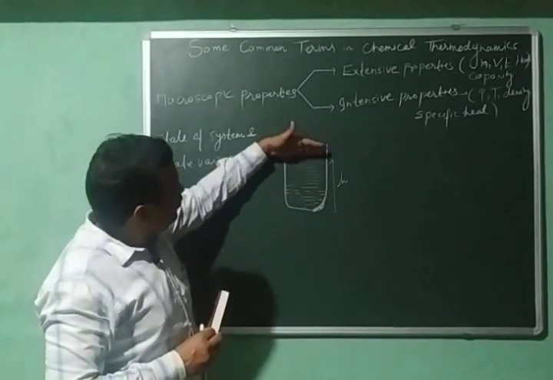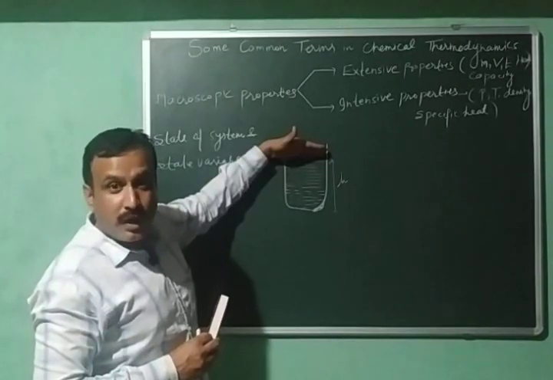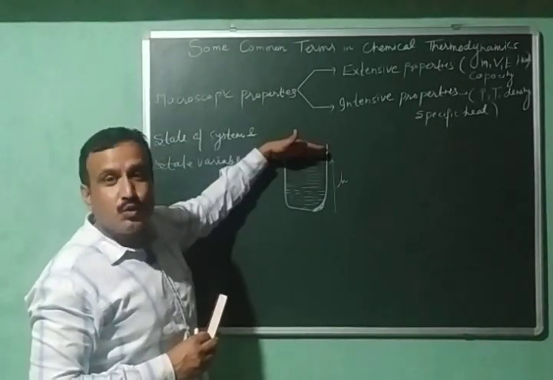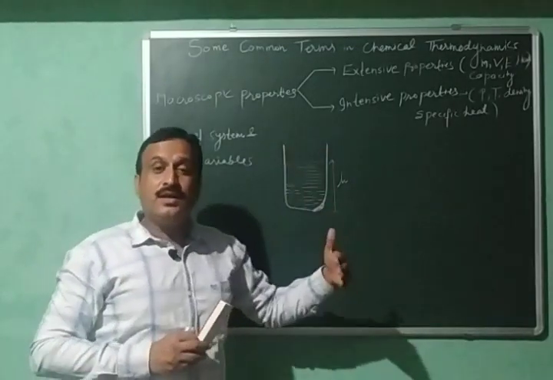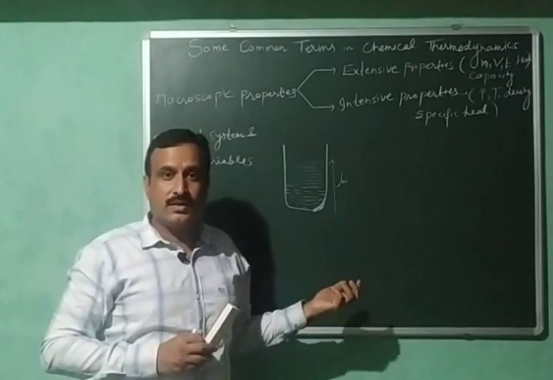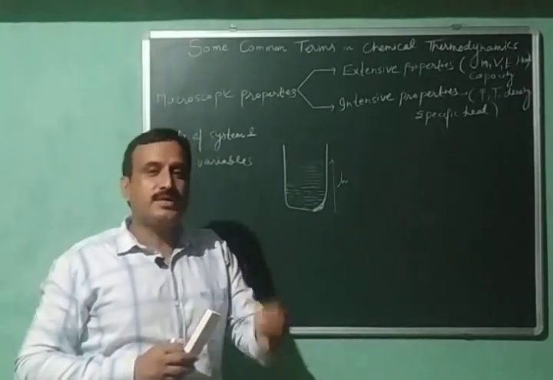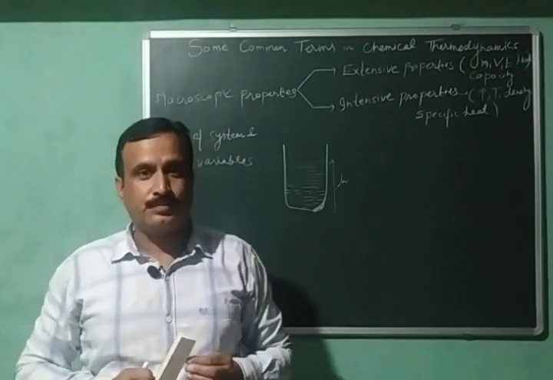And if I have a large amount of water, then more heat will be required to increase its temperature through 1 degree Celsius. This means that heat capacity increases with the increase in the quantity of water. So heat capacity is an extensive property.